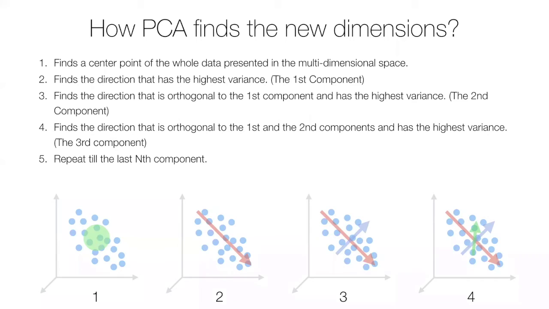After that, it tries to find a direction that is orthogonal, that is not correlated at all to the first component.